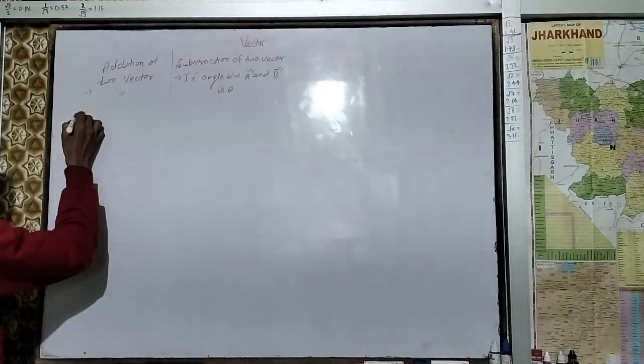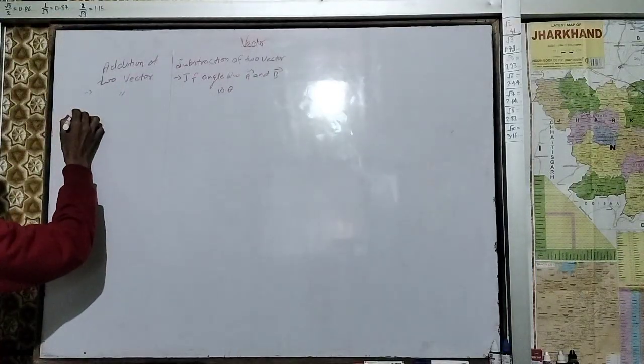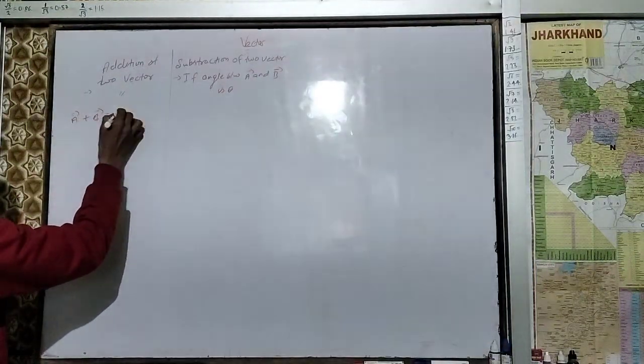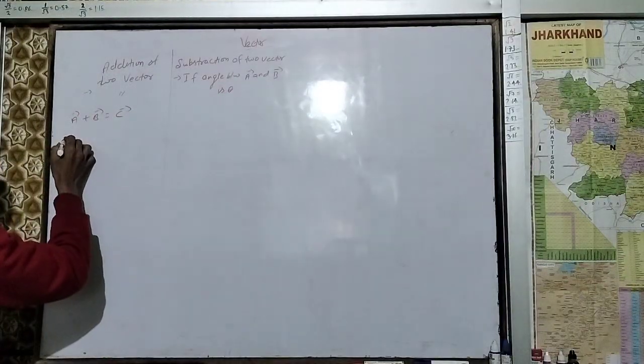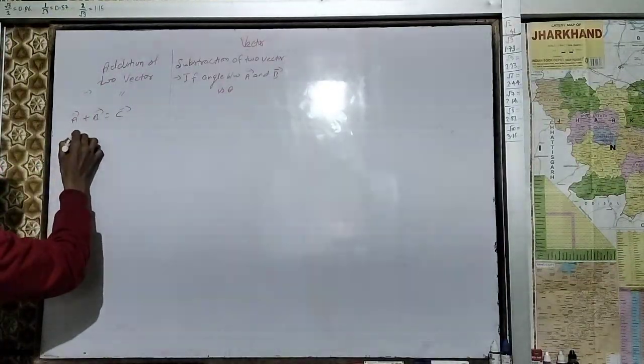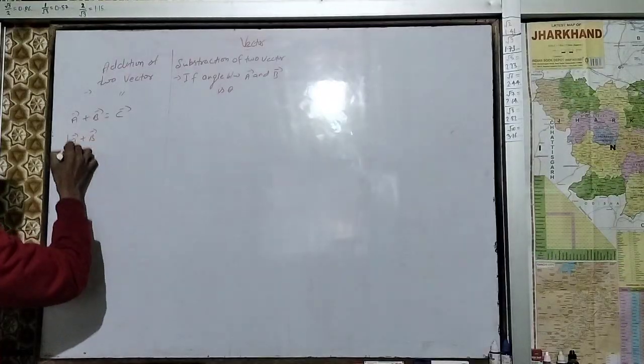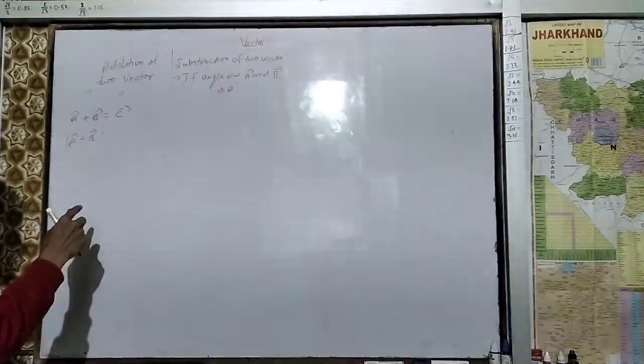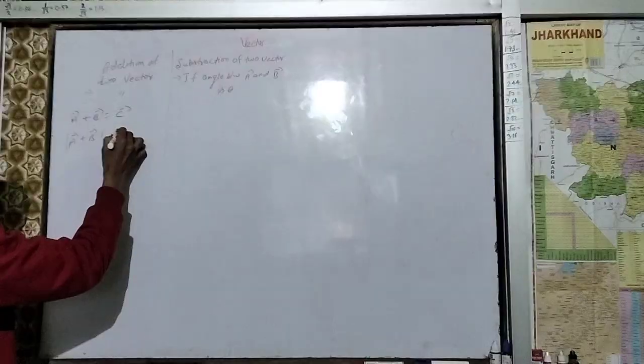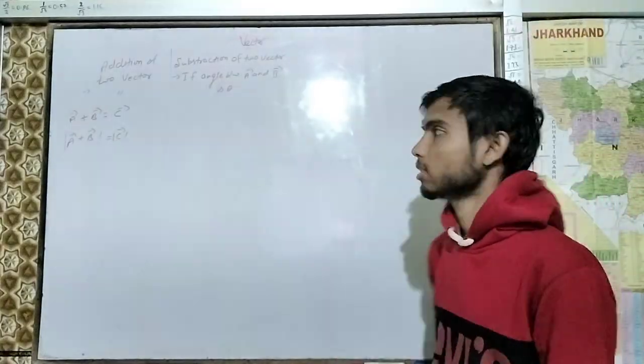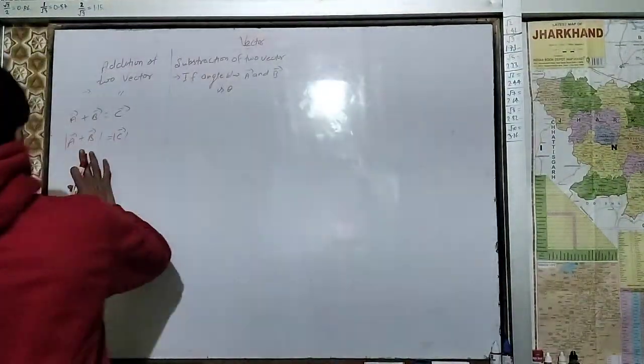In this case, we were saying that vector a plus vector b is equal to vector c. Now I want the magnitude of the sum of these two vectors. Suppose the mod of this c vector is equal to c.